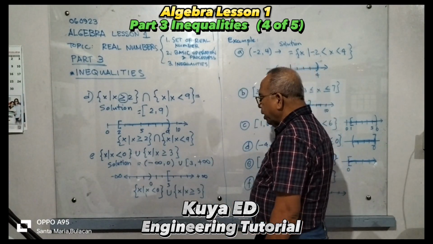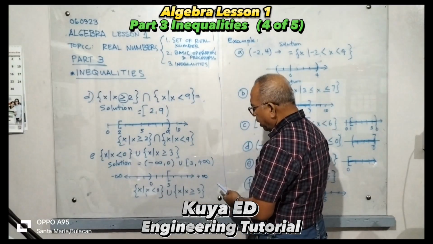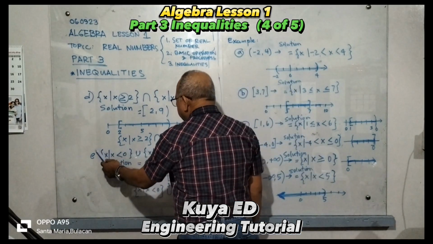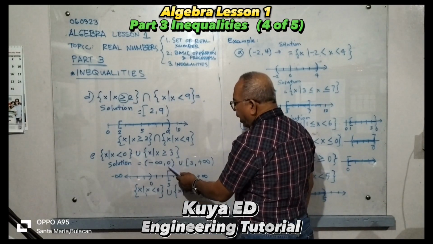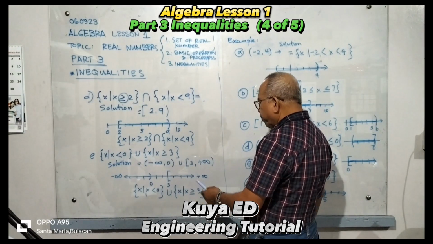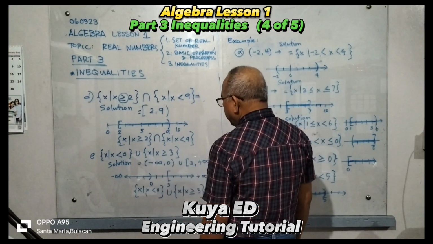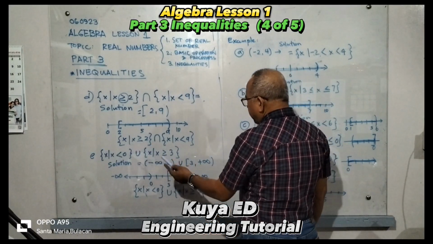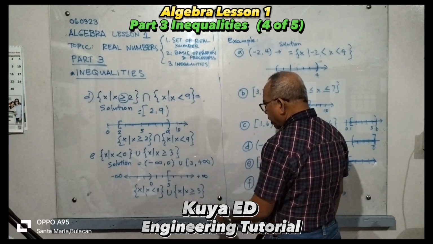So the solution is, okay, so look at this. You will notice here that in this case, we have 0 and negative infinity, and here we have the so-called x greater or equal to 3.